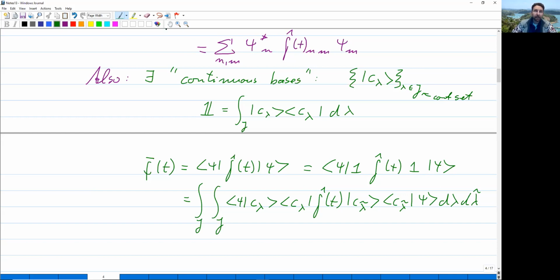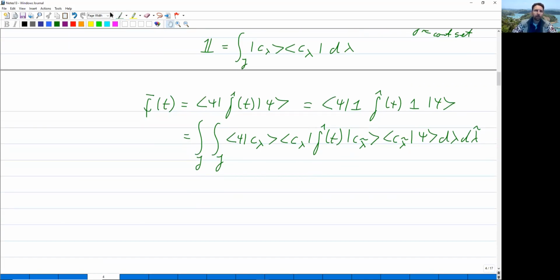Let's identify what we have here. We have here psi index lambda tilde, and here we have the complex conjugate of this. So we have psi index lambda, but complex conjugated because the psi is on the left, the c is on the right. And when you flip such an overlap, then the inner product of a Hilbert space is such that you pick up a complex conjugation.